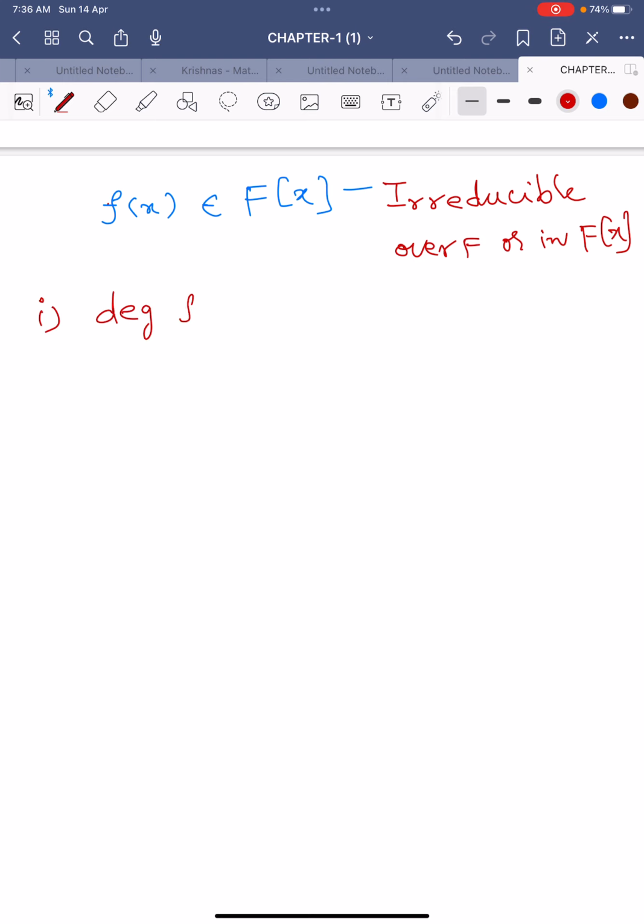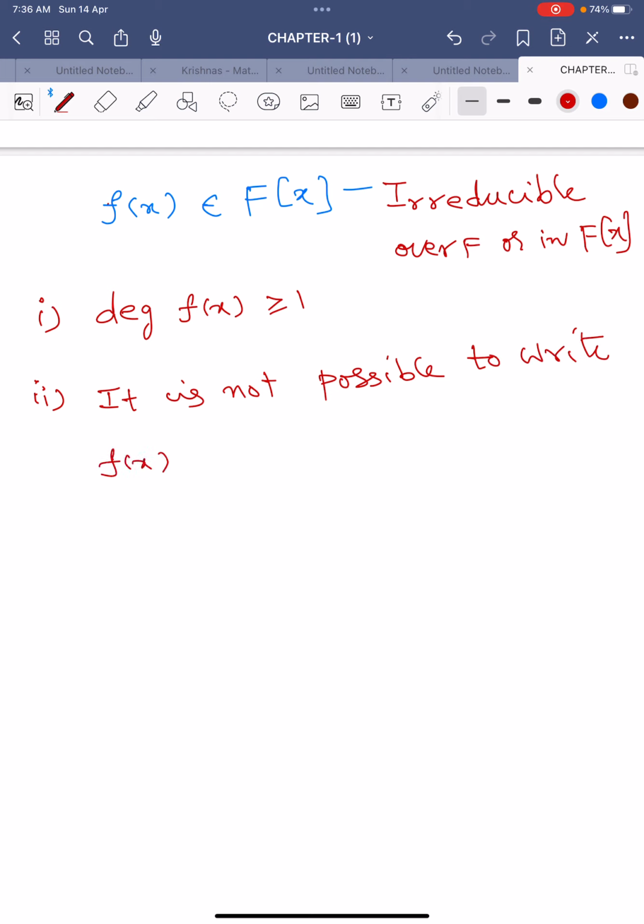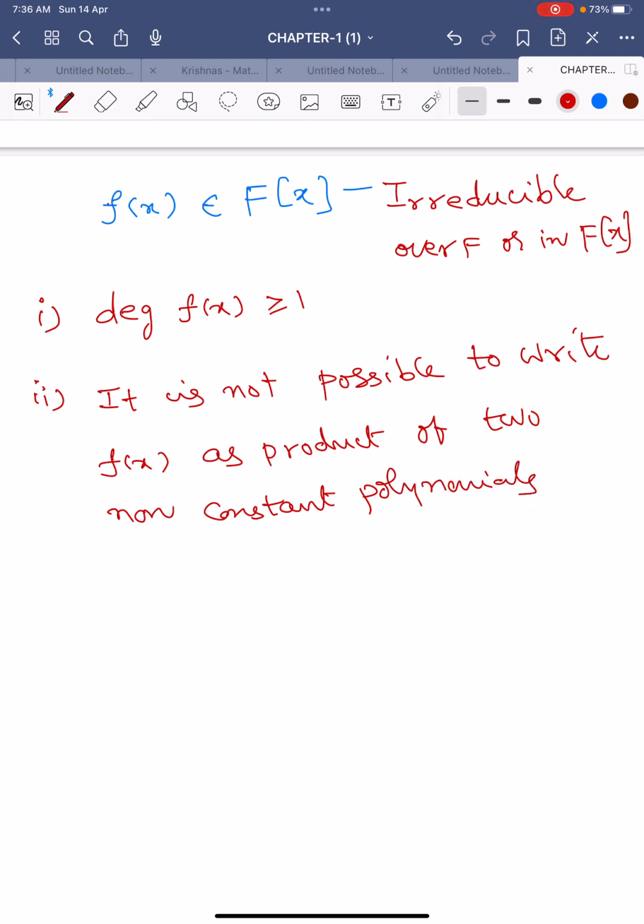The first one, degree of f of x must be greater than or equal to 1, and the second one, it is not possible to write f of x as a product of two non-constant polynomials. This is known as an irreducible polynomial.